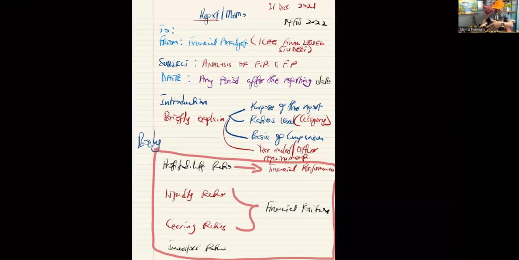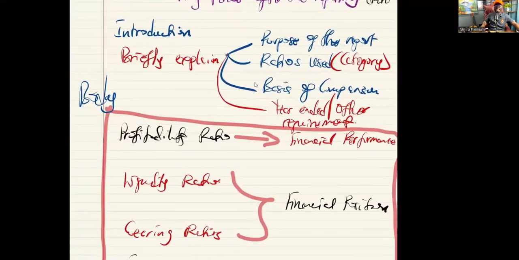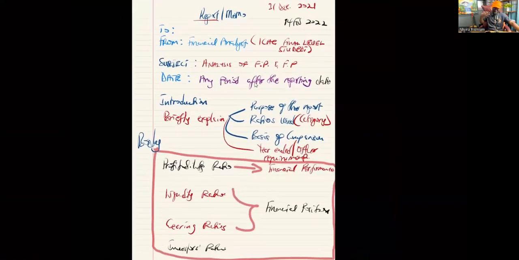Do we see intro? Have we seen the body? Do we see conclusion? Do we see thank you, yours faithfully, sign and your name? Good. Then you score that mark. Then the examiner will now come to the English grammar that you have written down. So that is what we do if the examiner asks us to write a report or a memo.